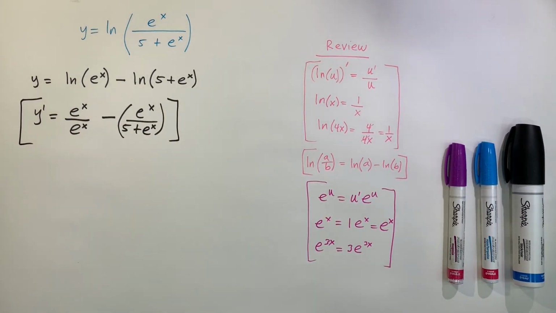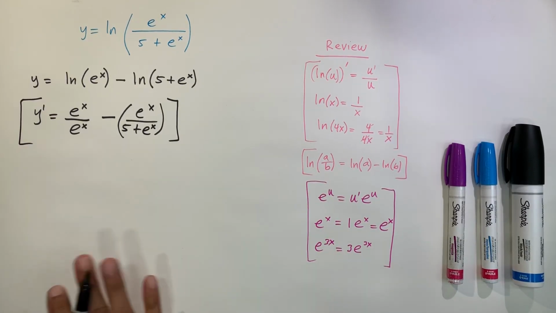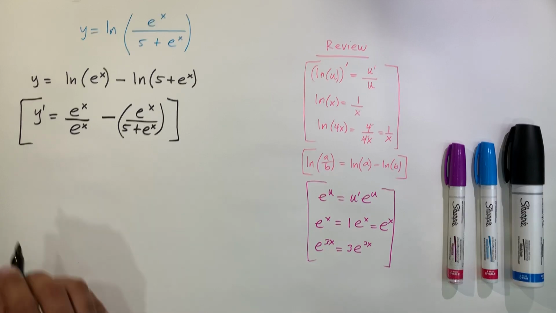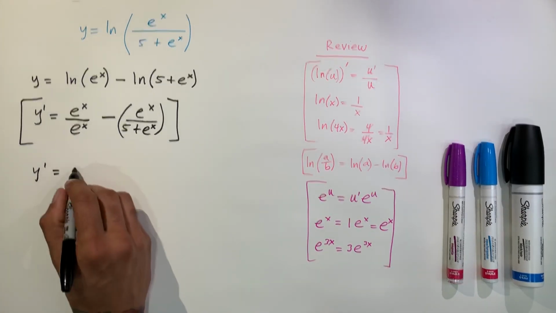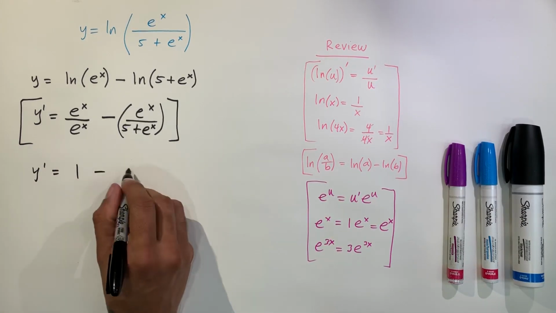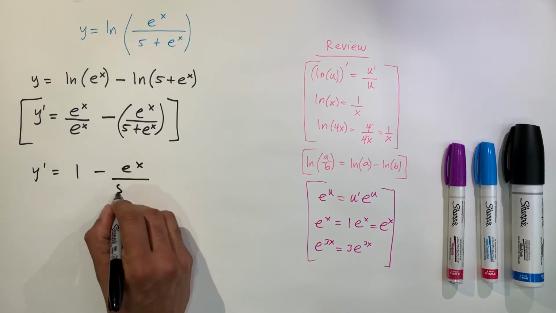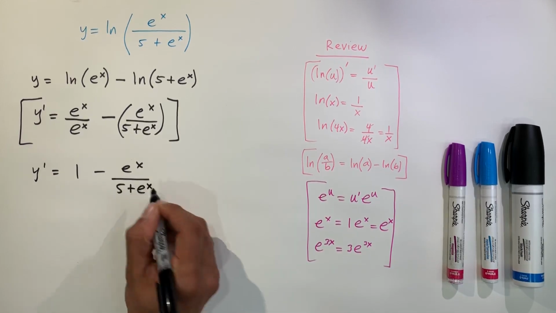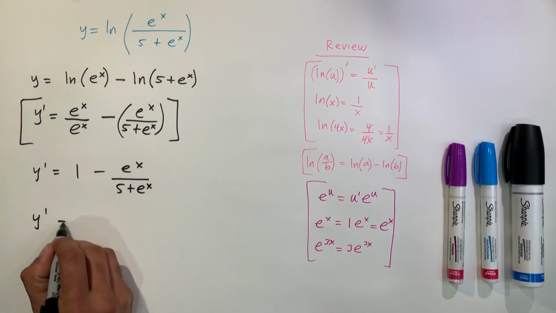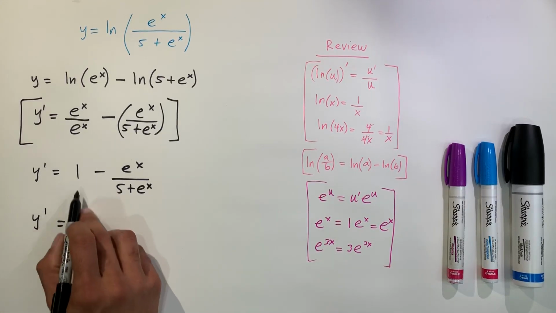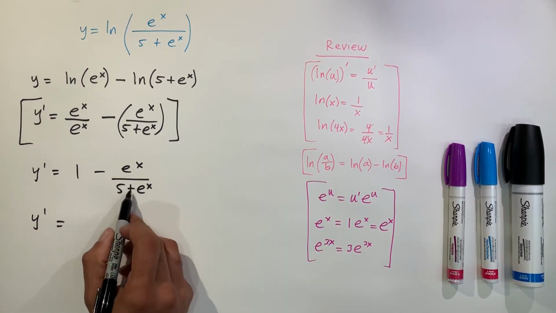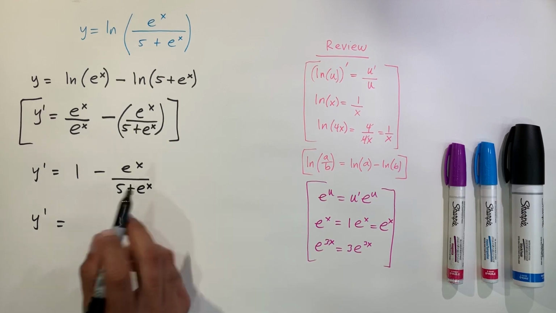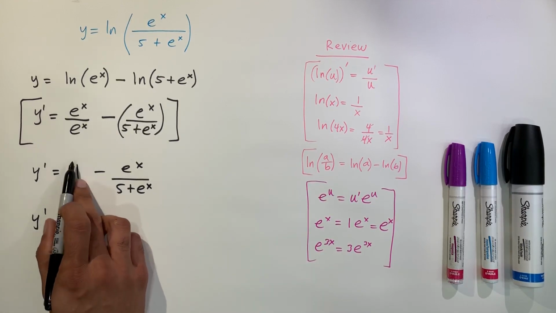Now let's use lowest common denominator. Let's just make it simpler, the simplest form of the equation. So we got y prime is equal to 1 minus e to the x over 5 plus e to the x. All right, lowest common denominator, we're going to do this times 5 plus e to the x on this side and the top.